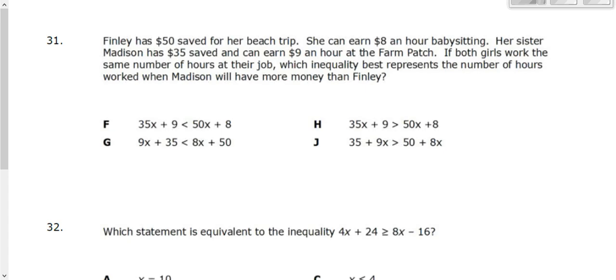Okay, number 31. Finley has $50 saved for her beach trip. She can earn $8 an hour babysitting. Her sister Madison has $35 saved and can earn $9 an hour at the farm patch. If both girls work the same number of hours at the job, which inequality best represents the number of hours worked when Madison will have more than Finley?